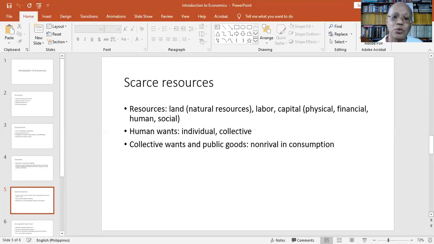Now, individual wants are satisfied by private goods, and these are more easily provided for by the market through the mechanism of supply and demand.